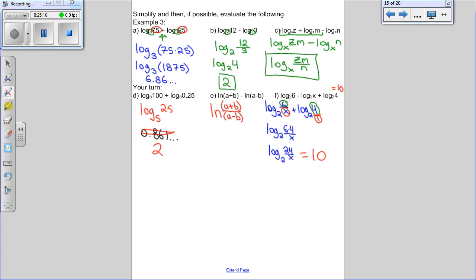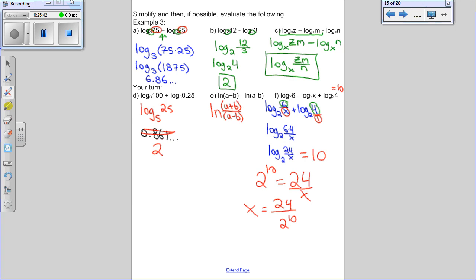And then I would have to change that around. So I would cross multiply. So x equals 24 divided by 2 to the power of 10. I added the 10 in to show you how this could happen. So then in my calculator I go 24 divided by 2 to the power of 10. And x would equal 0.23.